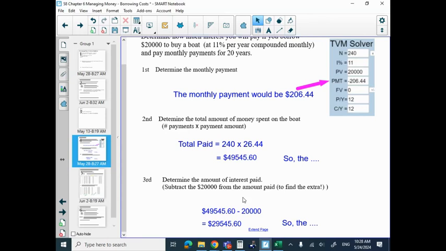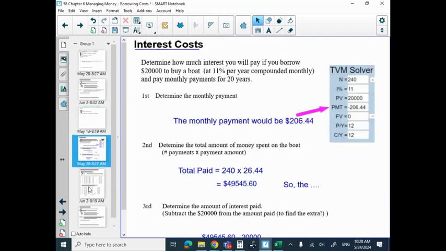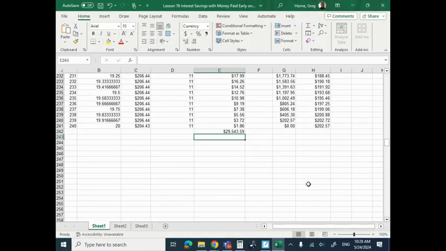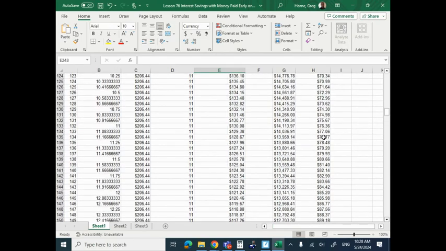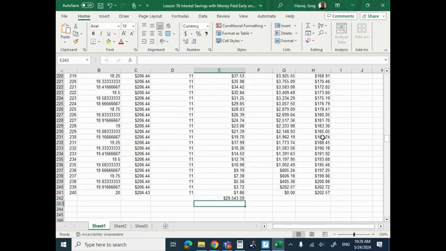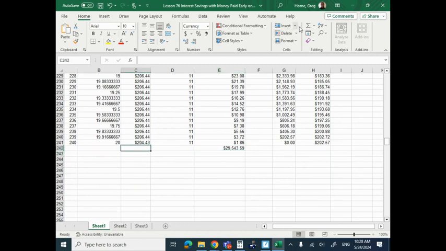Very similar number. So now the other thing I wanted to show, obviously we could do the amount paid as well, right? Because amount paid is too easy to bother doing this, but we could use it and add up all our 206.44s. And they're like, oh, look at that, we paid 49,500 and whatever.